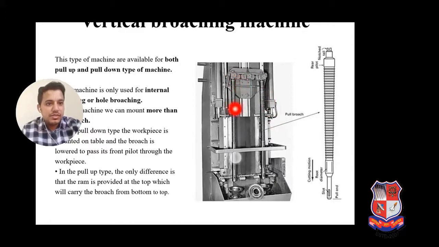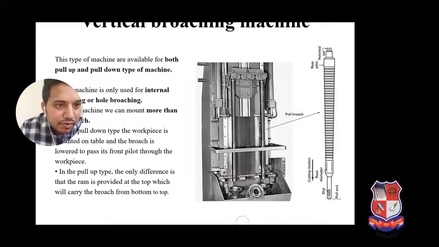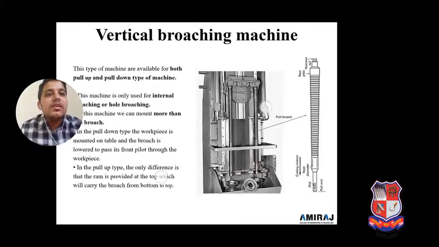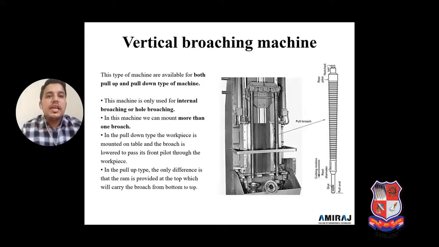You can observe this is our broach tool, and we can put our workpiece at the downside, and this tool will move in this direction. So there are two broaches and two workpieces. So this is the particular arrangement here.